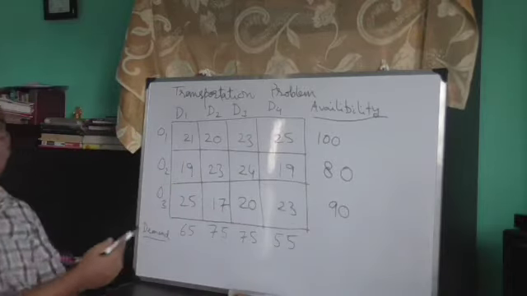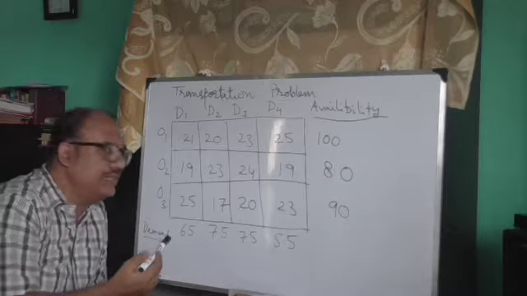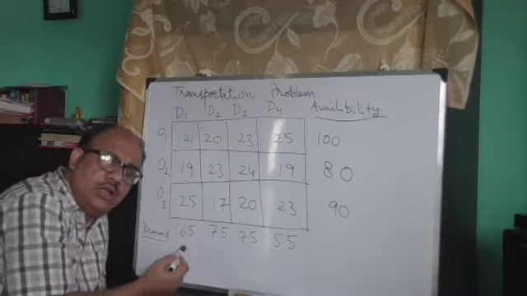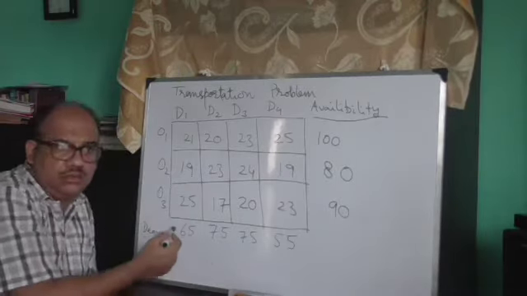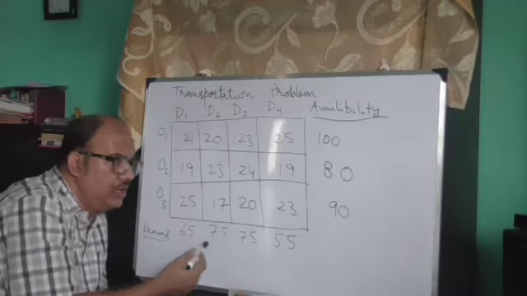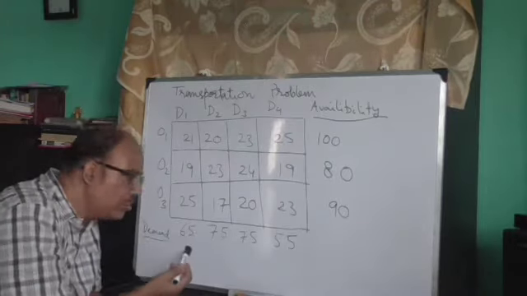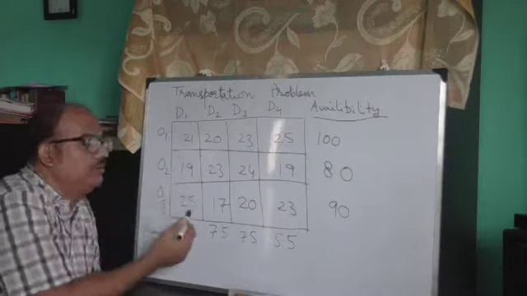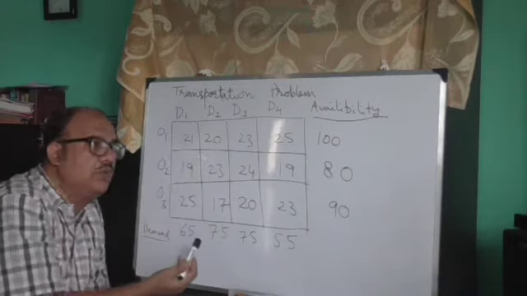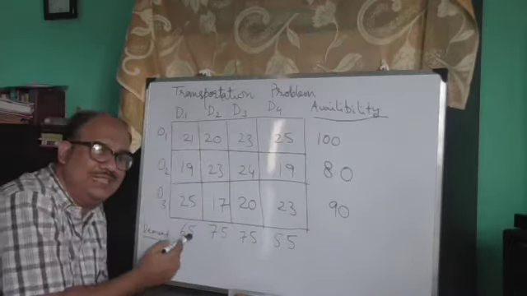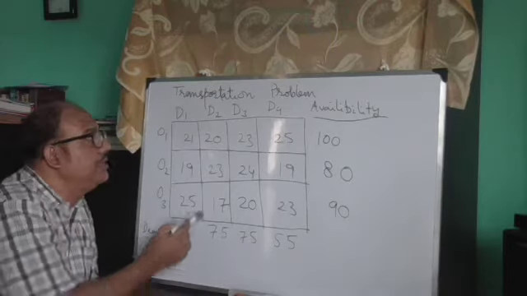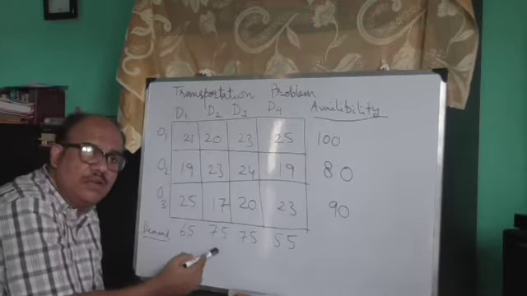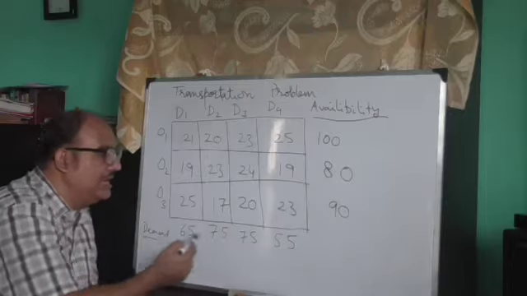And the destinations have demands. By some previous knowledge, it can be known that destination D1 has a demand of 65 units, destination 2 has a demand of 75 units, and like that.